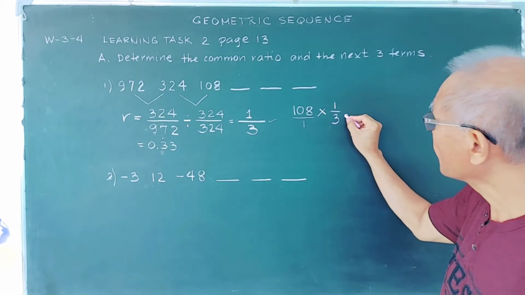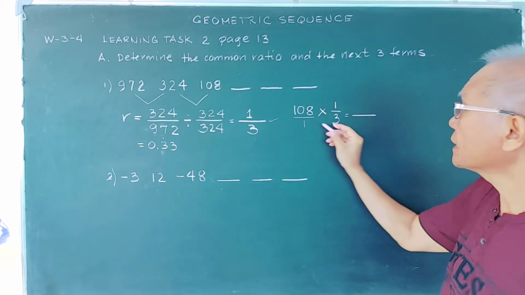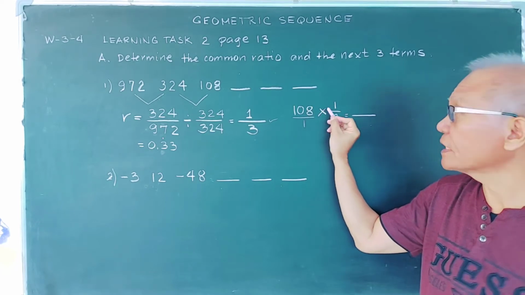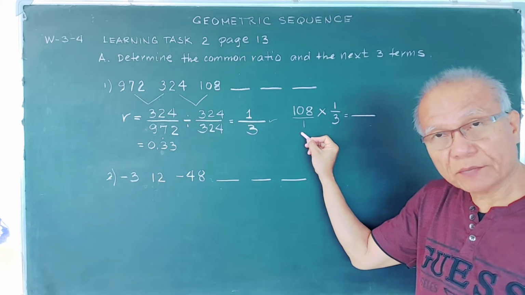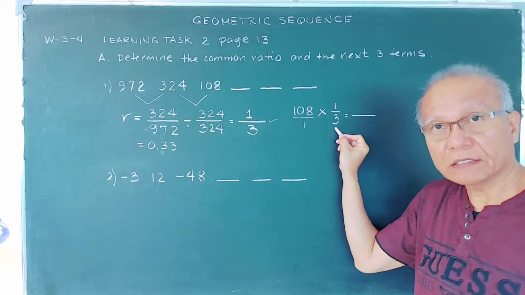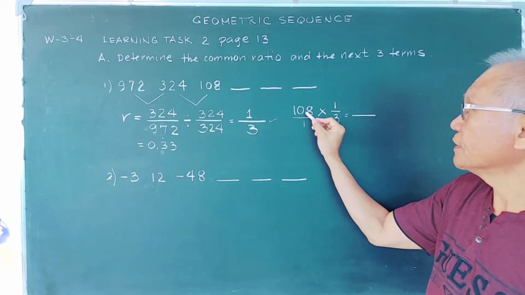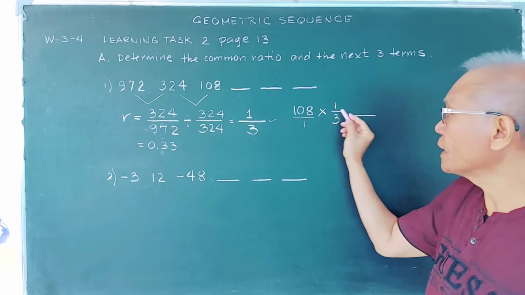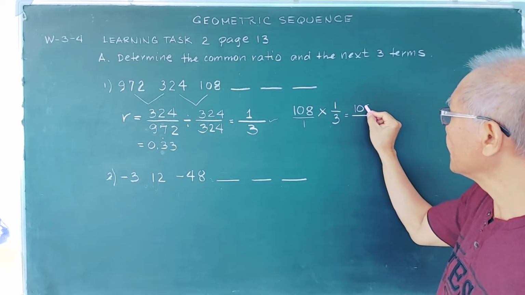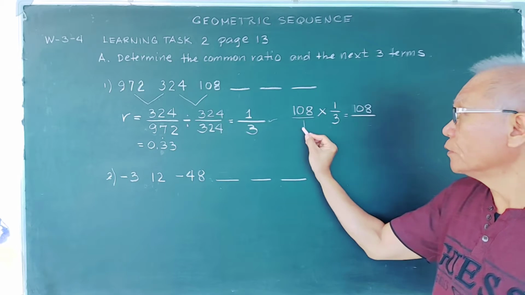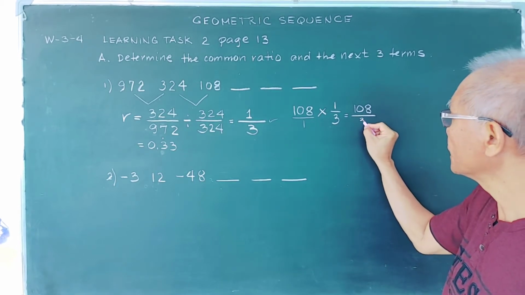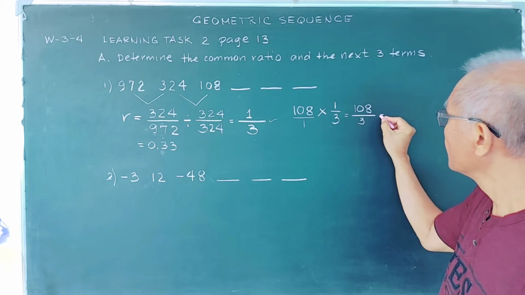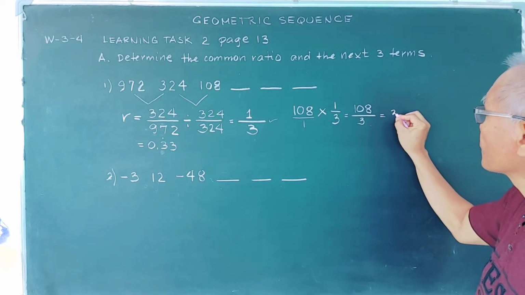So sa pagta-times, tina-times natin yung numerator sa numerator, itaas sa itaas, yung denominator times sa denominator din. So we have 108 times 1 is 108. 1 dito times yung 3 dito is 3. 36.